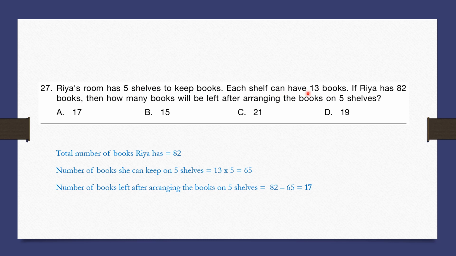So 5 times 13 equals 65. Ria has 82 books. So the number of books left will be 82 minus 65, which equals 17. So our answer is option A.